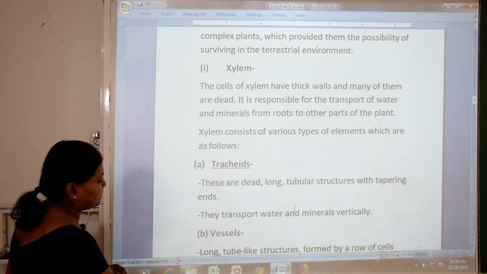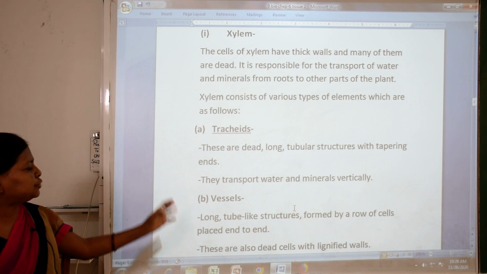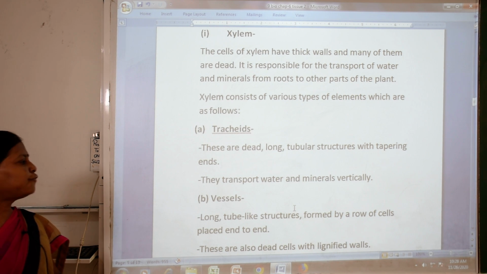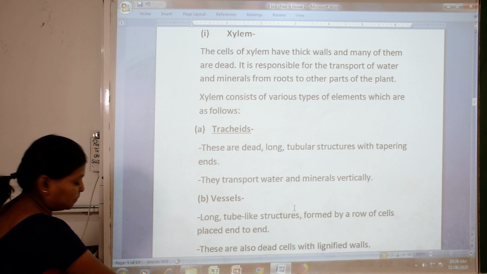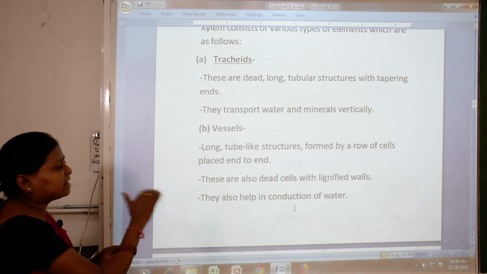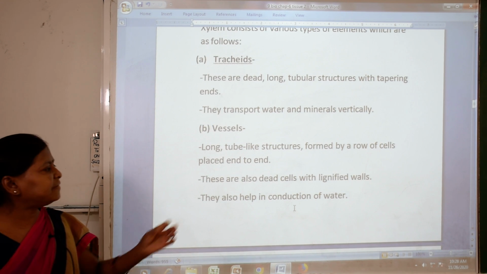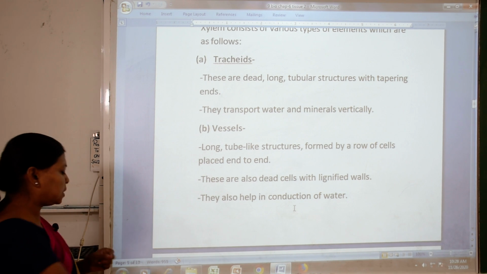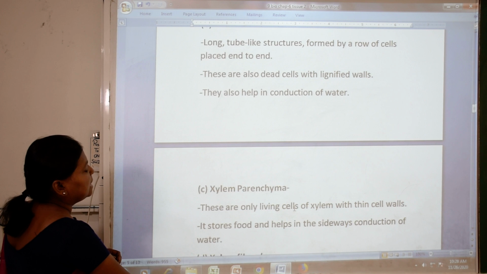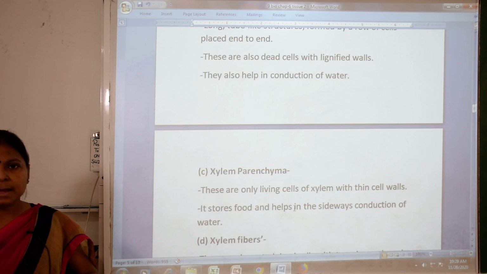Now, vessels. A vessel is a long tube-like structure formed by a row of cells placed end to end. These are also dead cells, but they have lignified walls. They also help in conduction of water. Next one is xylem parenchyma.